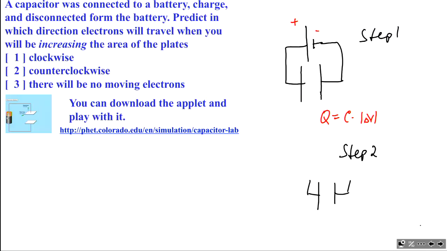The battery doesn't disappear, but it is not connected anymore. So, in this situation, no matter what is happening to the capacitor, the charge cannot change. The number of electrons can't change.